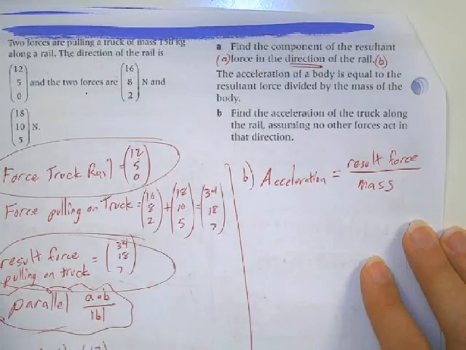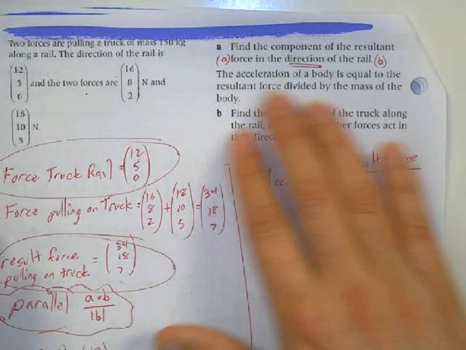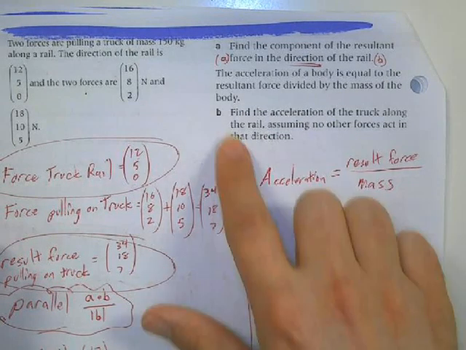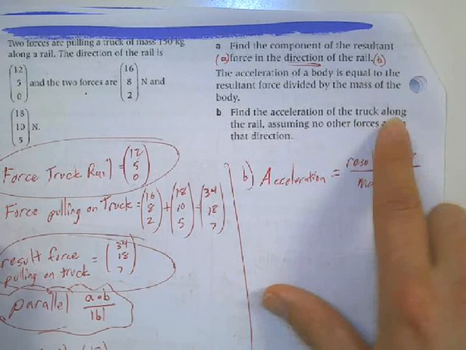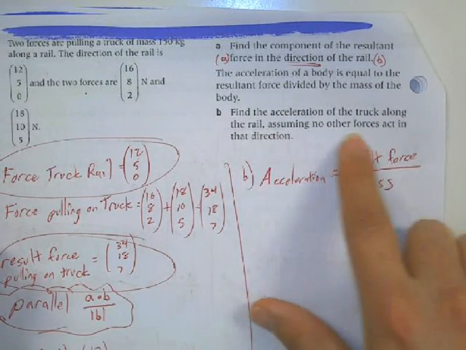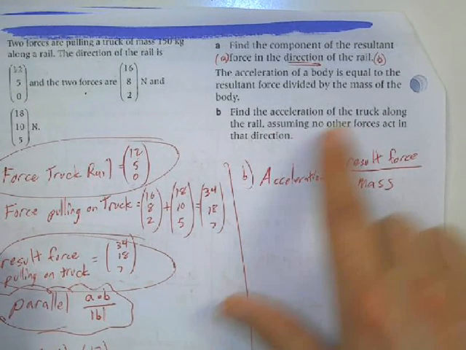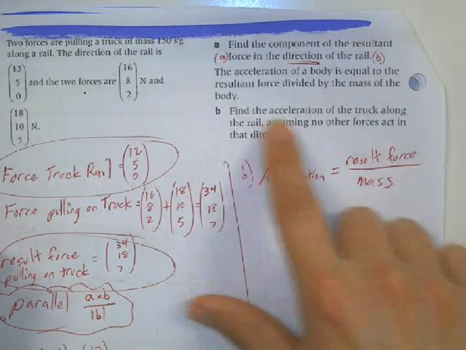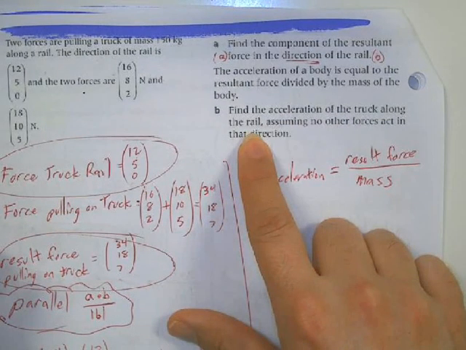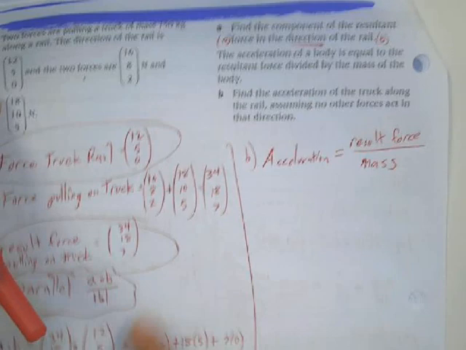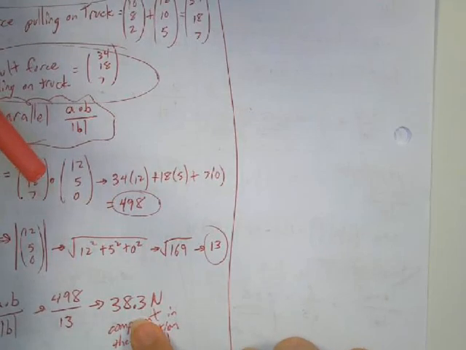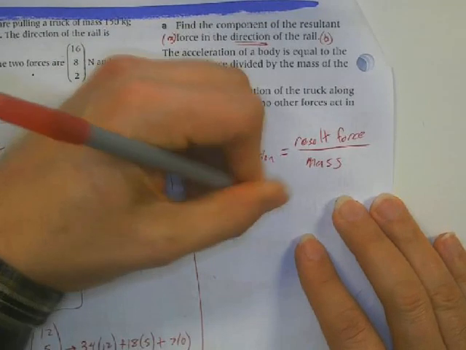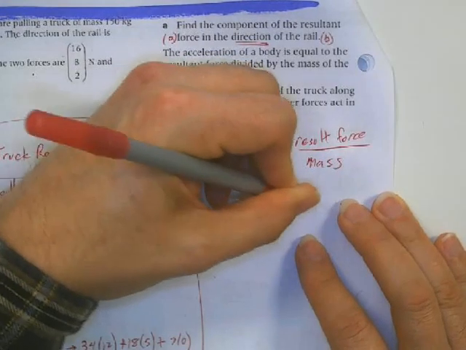Find the acceleration of the truck along the rail, assuming no other forces are acting. So along the rail is my parallel force, this one here. So this is equal to 38.3 newtons.